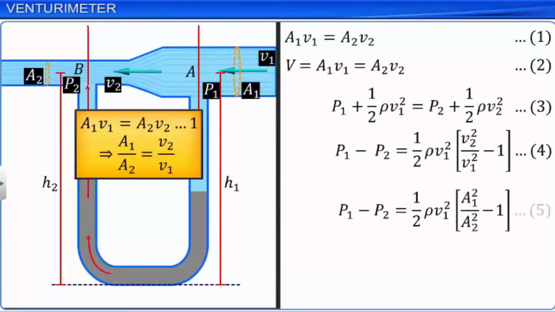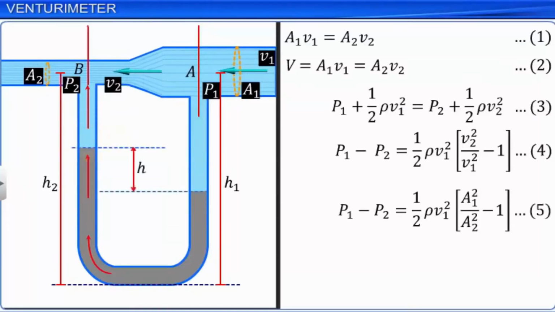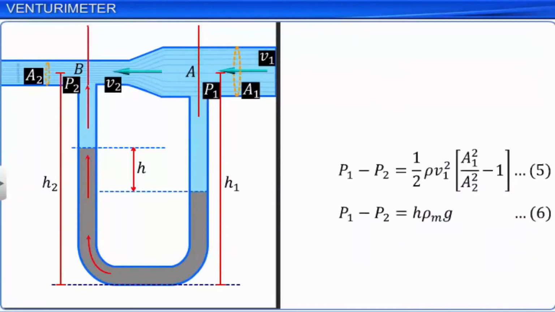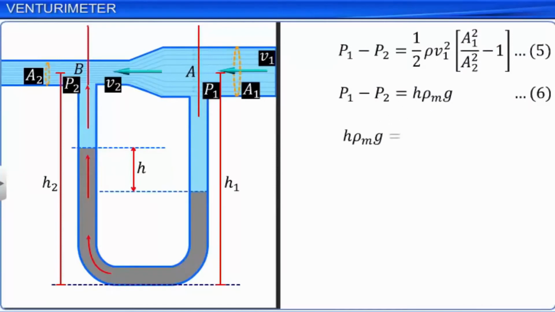The difference in the pressure at points A and B can be measured as the difference H of the liquid level in the 2 arms of the manometer tube. Thus, the pressure difference is equal to H rho mg. Let this be equation 6. Equations 5 and 6, we get equation 7 as shown.